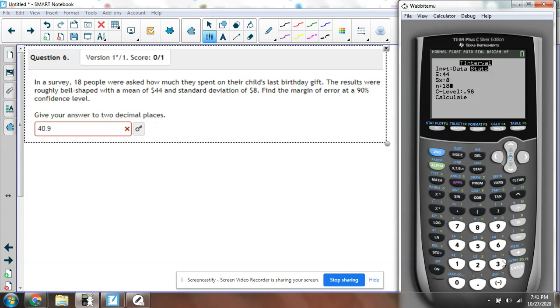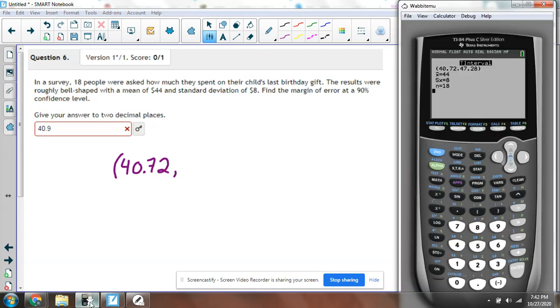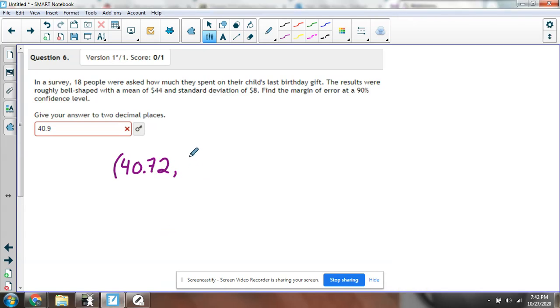Number of people in the sample was 18, and our confidence level is 0.90. We're going to calculate that. Now I'm going to write down this interval, 40.72 up to 47.28.